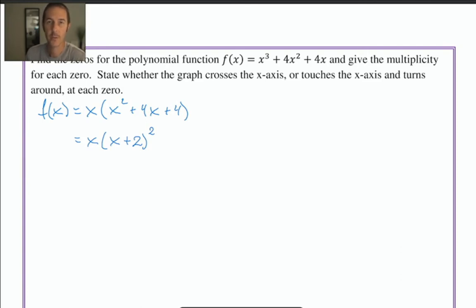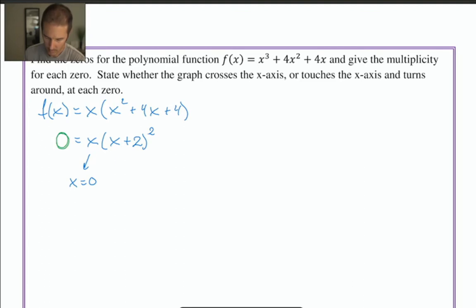Now let's have a look at this and determine what the zeros are. I'm going to sneak in here and put in a 0 to the left of this. So what I'm doing now is setting y equal to 0 in order to find the x-intercepts.